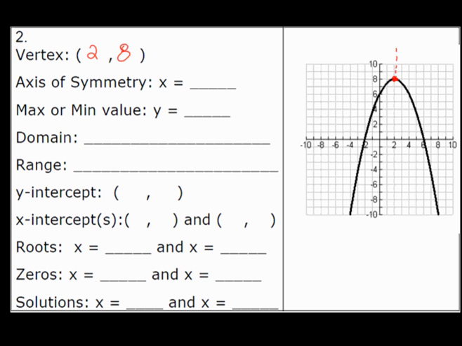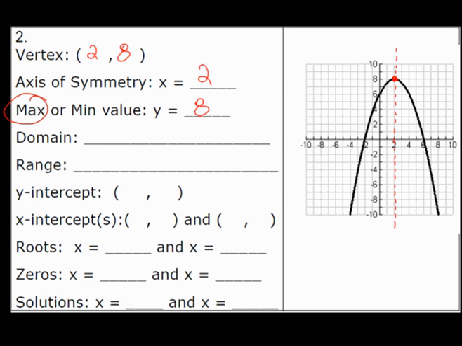The axis of symmetry is the vertical line that goes right through my vertex, and it separates the graph into two pieces, so that would be x equals 2. It's the same value as the x coordinate of my vertex. This one, since it is opening downward, has a maximum value, and my maximum value is going to be the same as the y coordinate of my vertex, which is y equals 8.